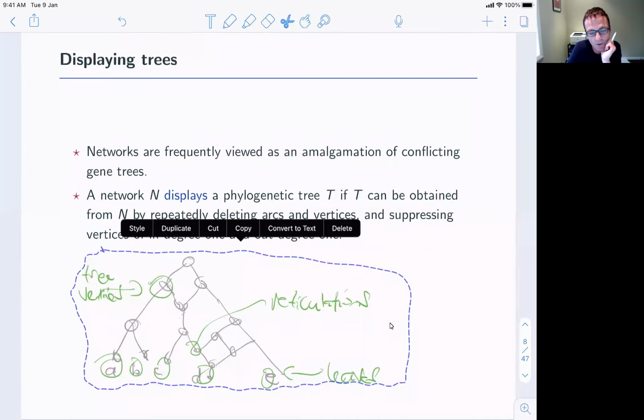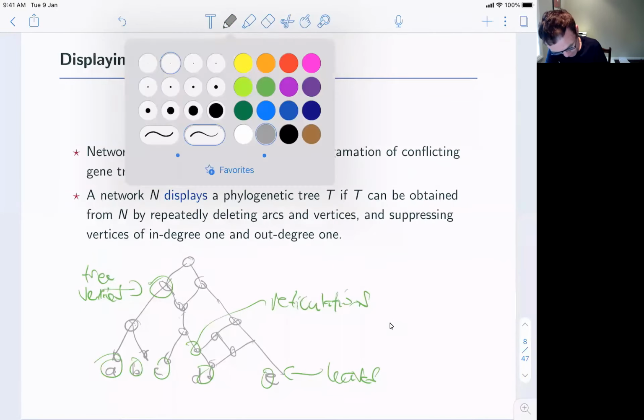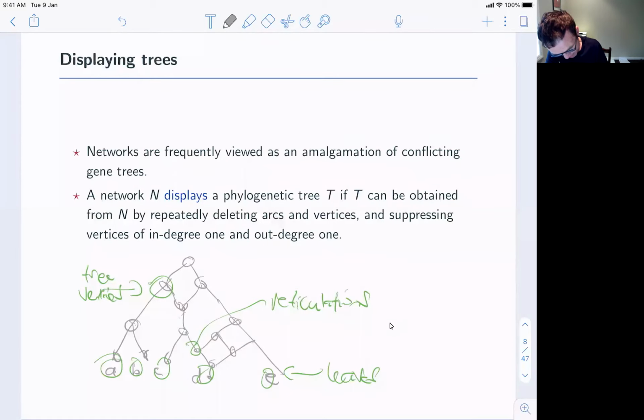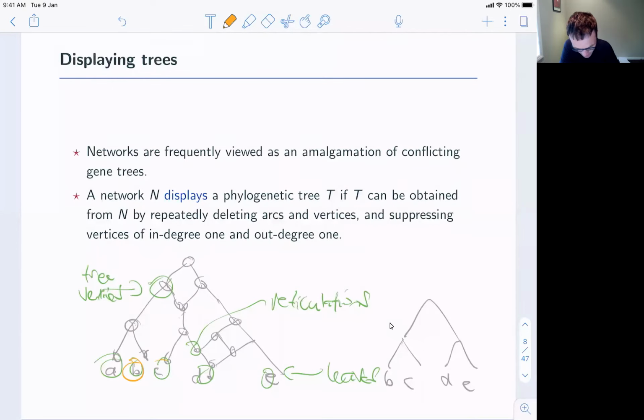So if I take my network there, here's a tree I can embed in that network. There's a tree I can embed in the network, and I could look at B, C, D, and E. And there's the orange embedding.